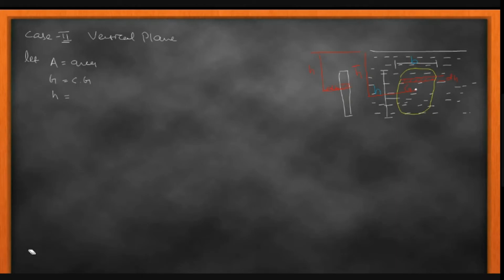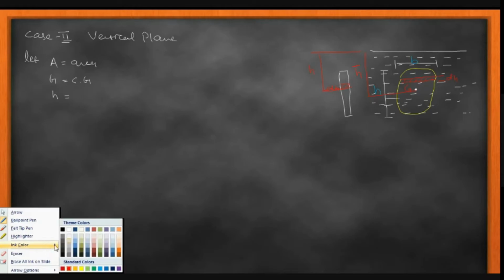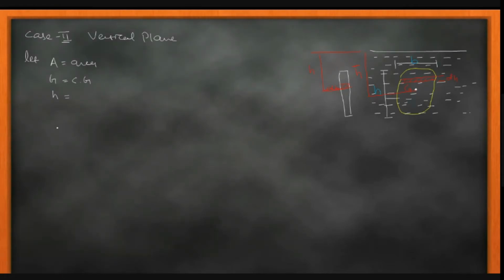So H is the height of the elementary strip from the free surface, and H cut is the distance of CG from the free surface.